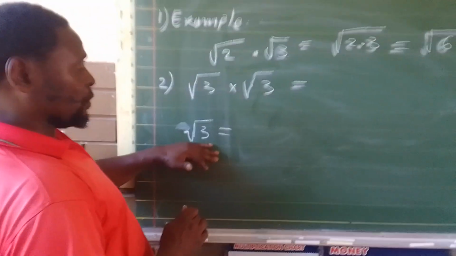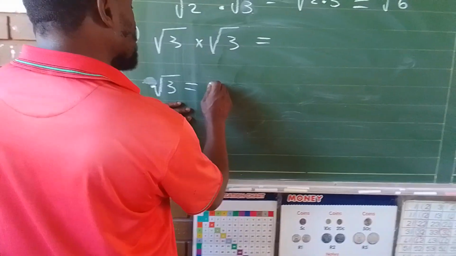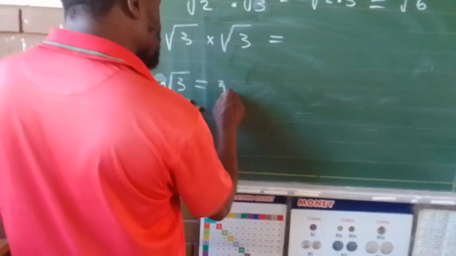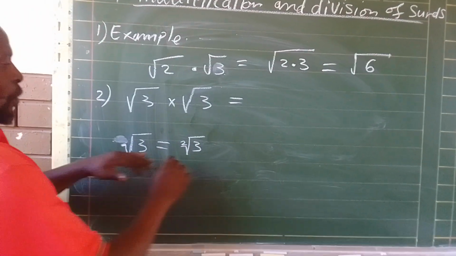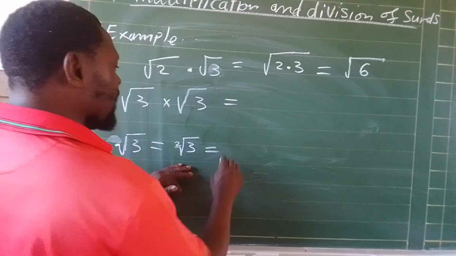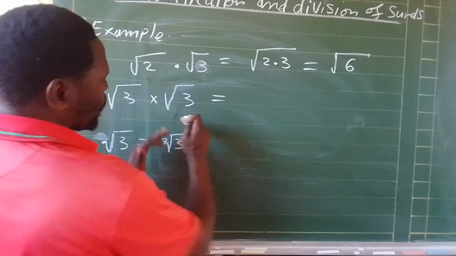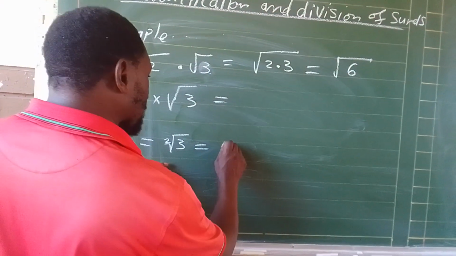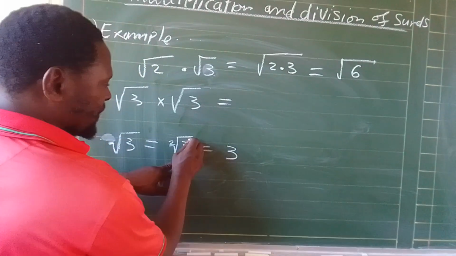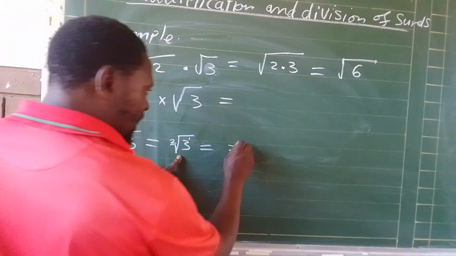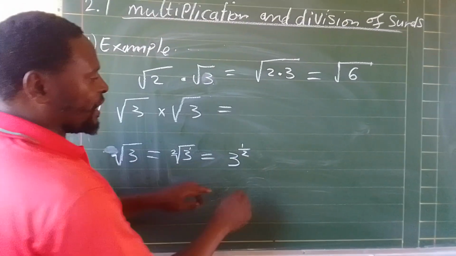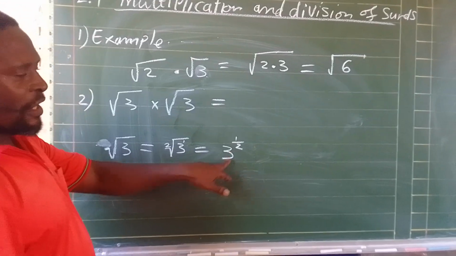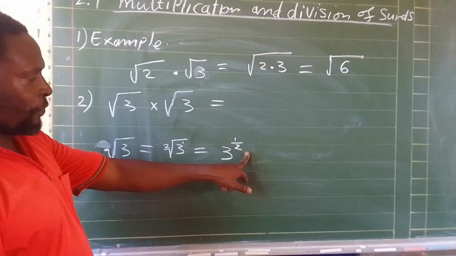If you are given a square root of 3, you must know that there is a 2 here, and your 3 is there. When you want to simplify it further, you take the square root sign out. You say it's 3 to the power of 1 over 2, which is the same as 3 to the power of half.